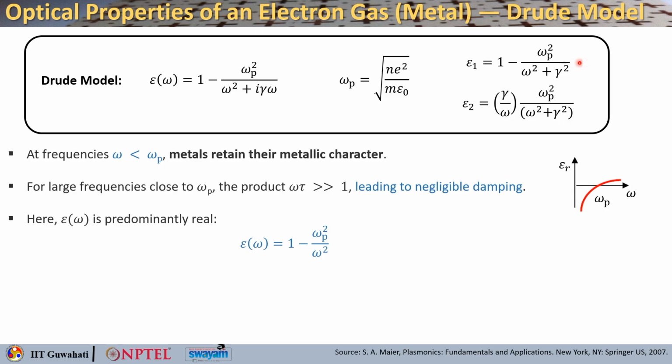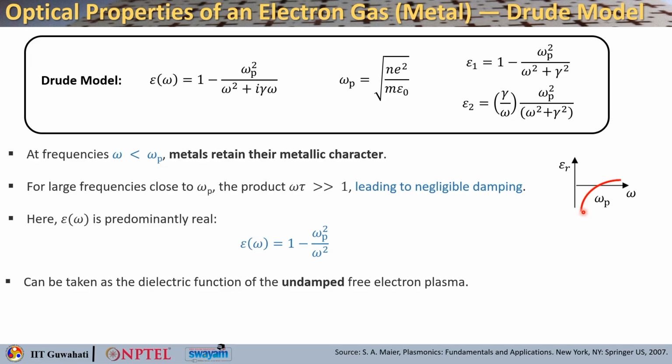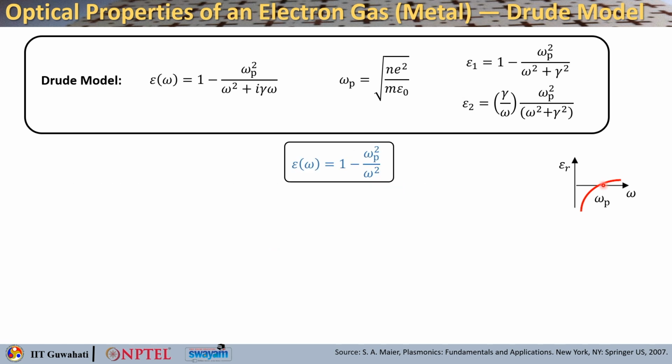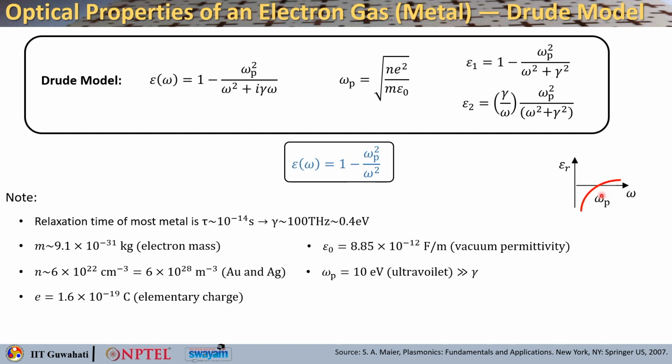So you are basically ignoring the damping in this case, and that is what is typically plotted here. You can take this as the dielectric function of an undamped free electron plasma. Understood that this is the case when damping is not there.